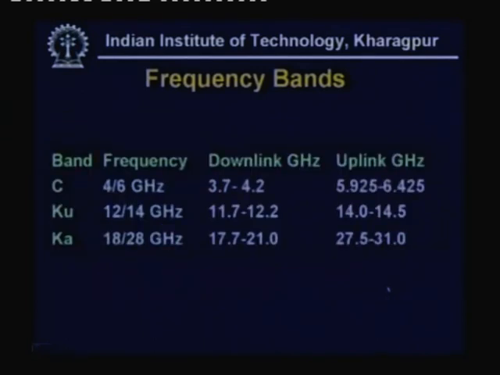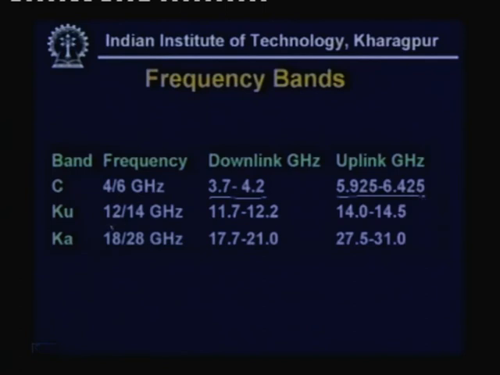And here are the common frequency bands used. As you can see, C band, 4/6 gigahertz band, and here the downlink frequency range is 3.6 to 4.2 gigahertz. Then uplink frequency band is 5.925 to 6.425 gigahertz. So this is downlink frequency band, and this is the uplink frequency band.